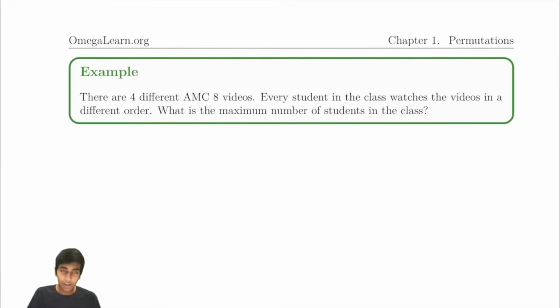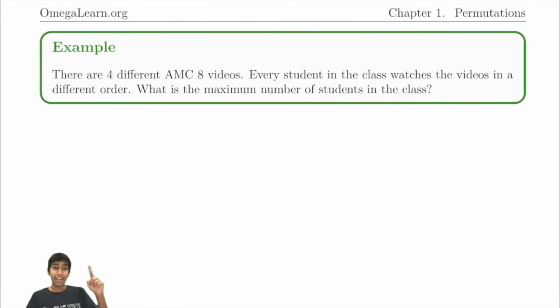Let's take an example that uses permutations and factorials. There are 4 different AMC8 videos. Every student in the class watches the videos in a different order. What is the maximum number of students in the class? So every student is watching the 4 videos.